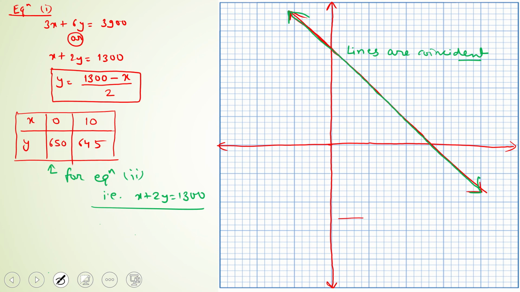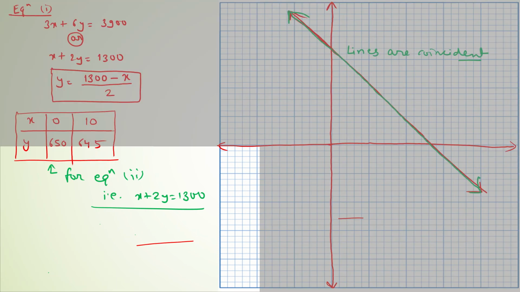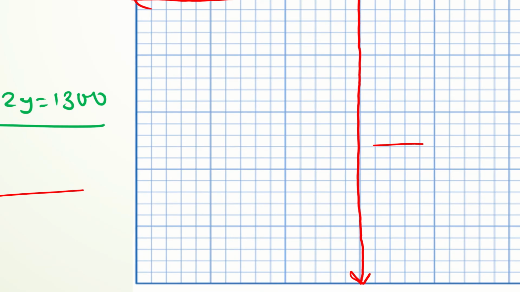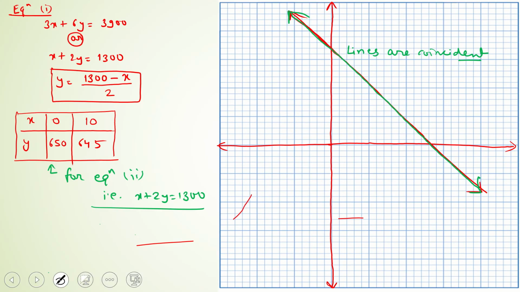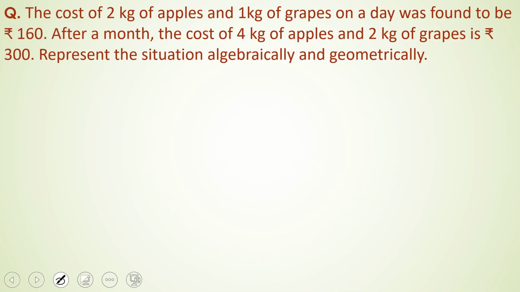Now let us take one more problem based upon the pair of linear equations in two variables, which we have to solve graphically again. Here the cost of 2 kilogram apples and 1 kilogram of grapes on a day was found to be rupees 160.